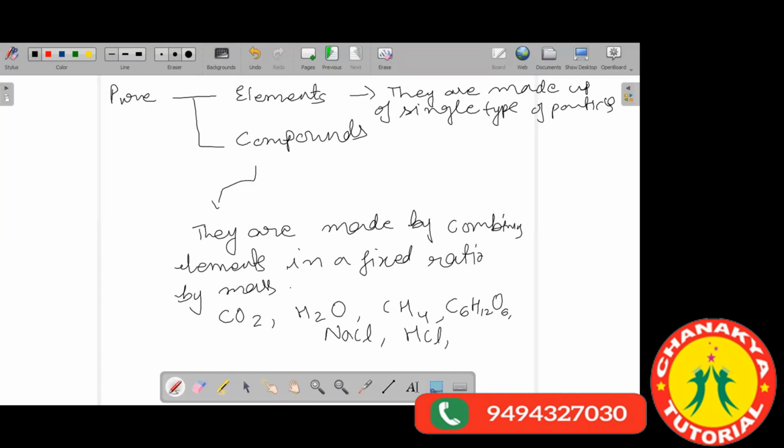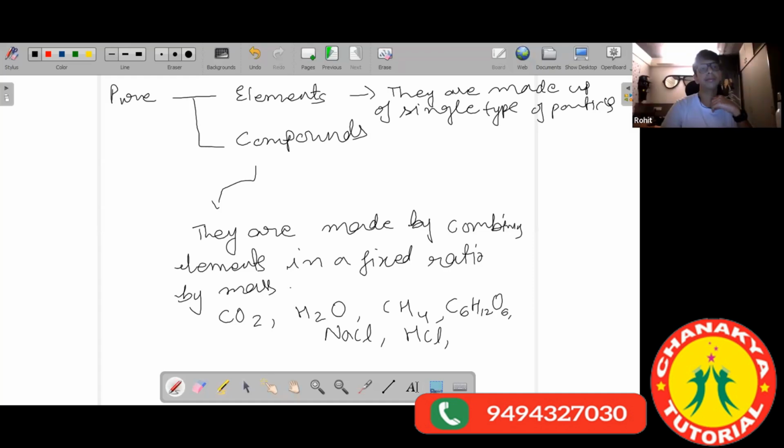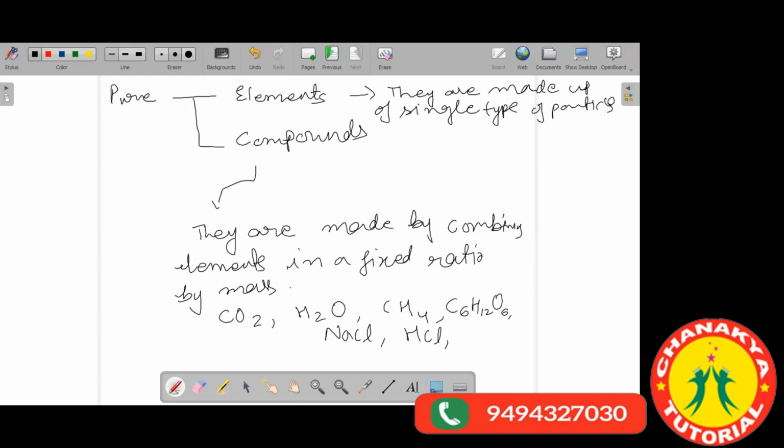So all of them are compounds. Okay. So compounds can also be pure. If you have all the molecules of HCl only, or all the molecules of carbon dioxide only, or all the molecules of water only, then it is a pure substance.